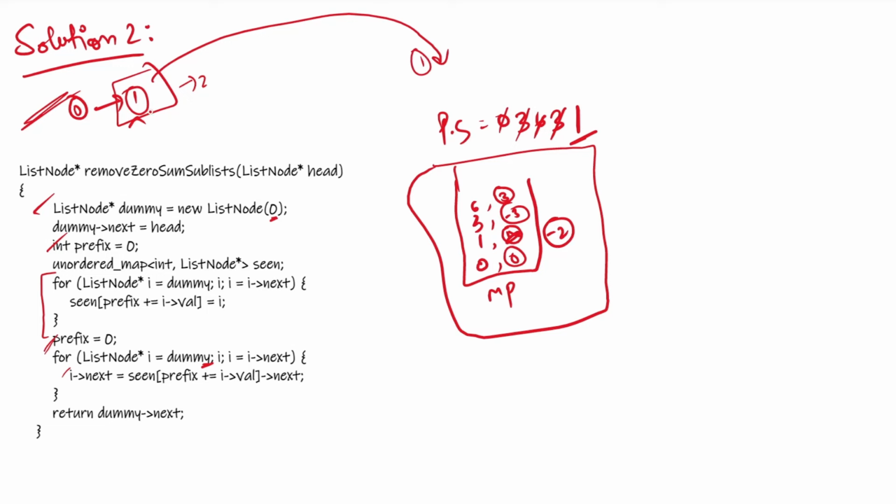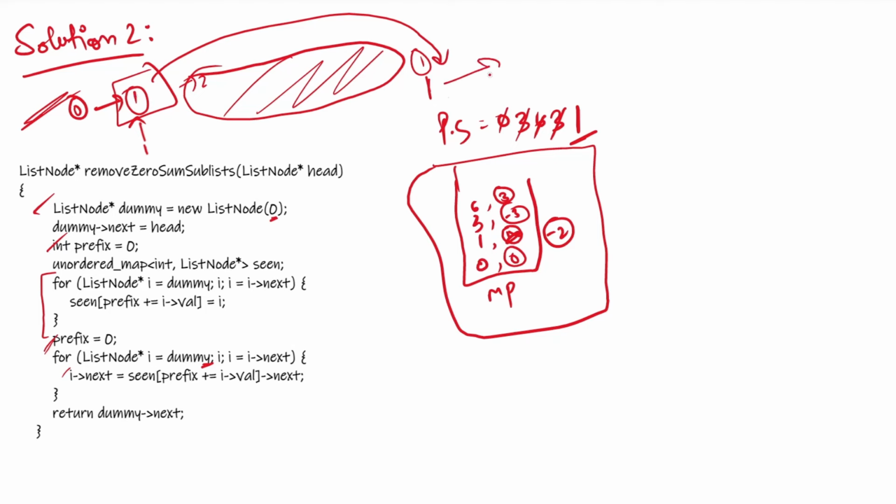So here our sum is 1, here our sum is 1, that means this whole part makes the sum 0. So we will delete the entire part. We will check where our 1 will become 1 the next time. And we will see the last node where it becomes 1, and we will delete the entire part between them.